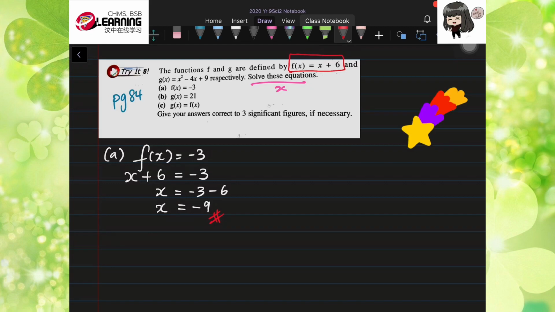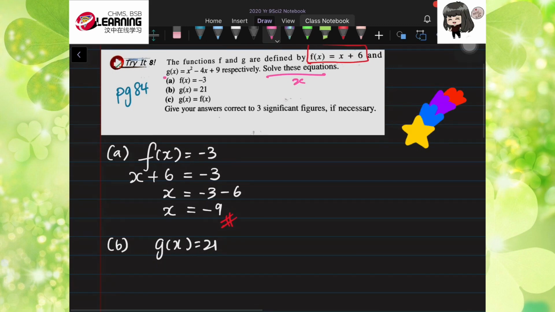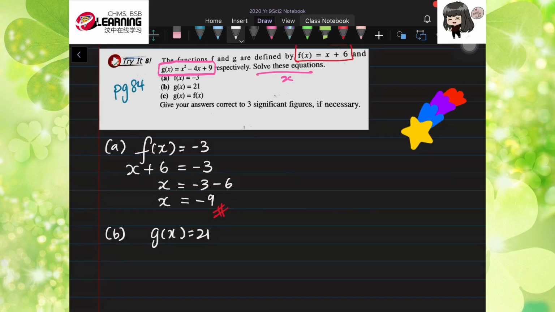Part B. gx equals 21. Your gx is already given here, which is x squared minus 4x plus 9.